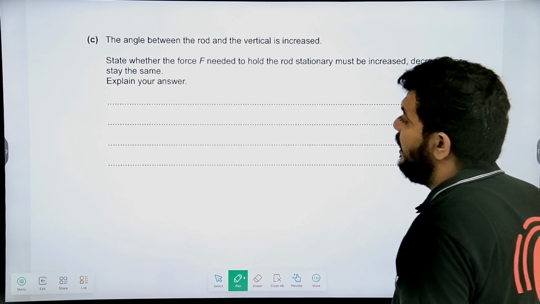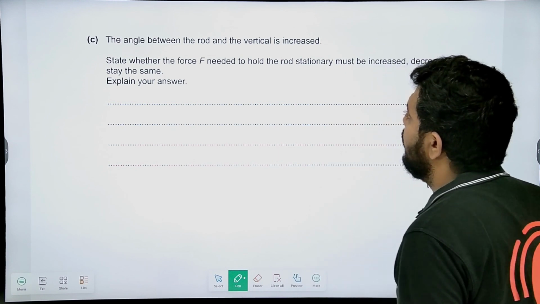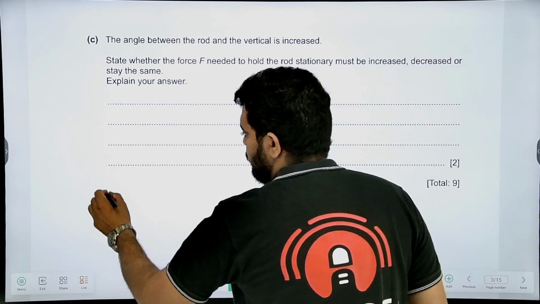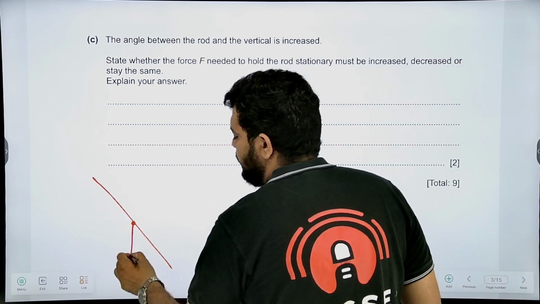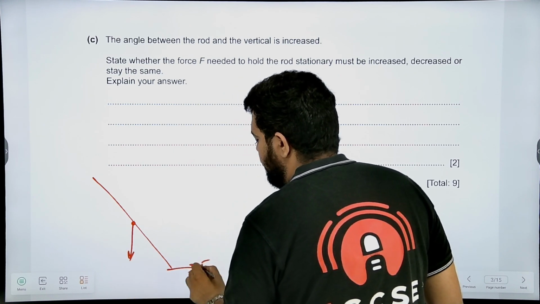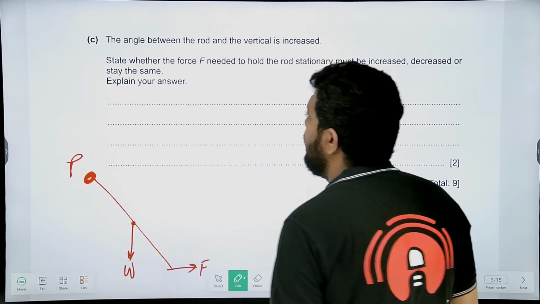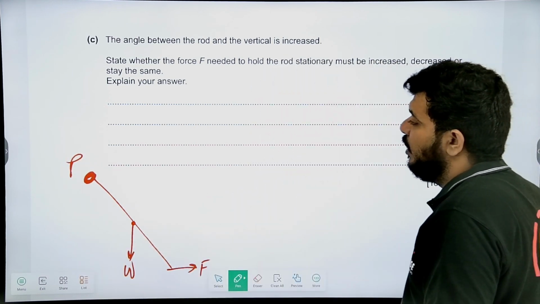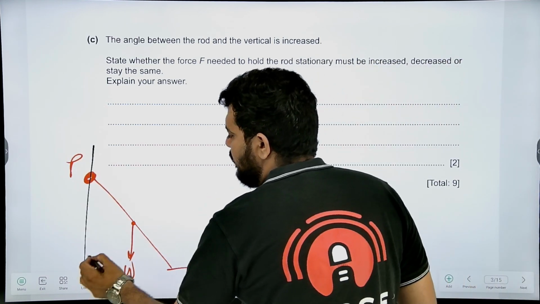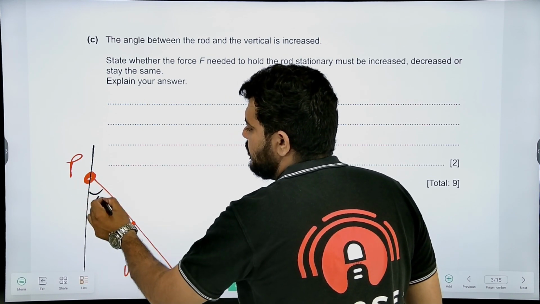Then the angle between the rod and vertical is increased. Just for our understanding, this is W, this is F, and this is the pivot. Angle between the rod and vertical: this is the vertical, this is the rod, and this is theta.